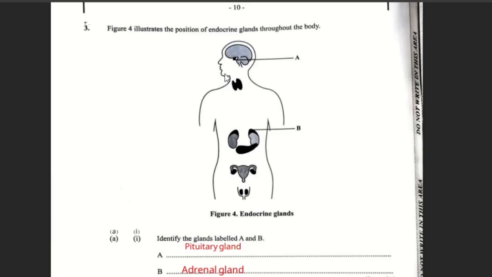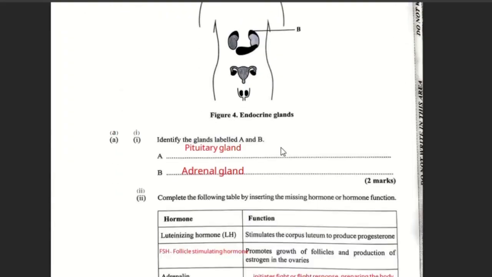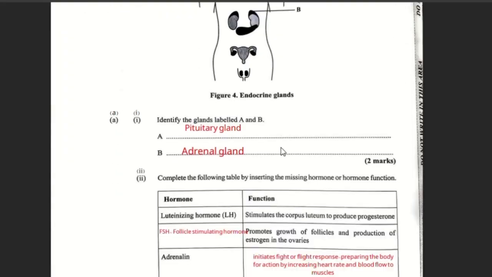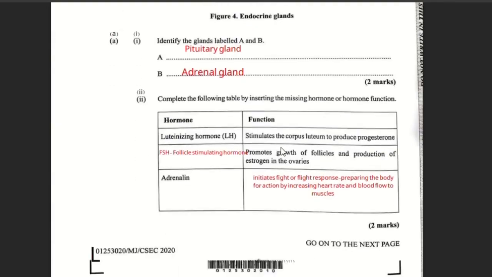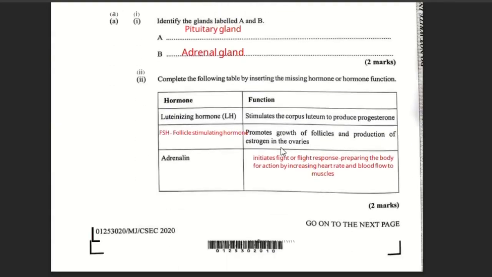And B pointing on top of the kidney, we know that is going to be the adrenal gland, right? These are probably two of the most common glands that everybody might remember: kidney, adrenaline, and then pituitary, brain.